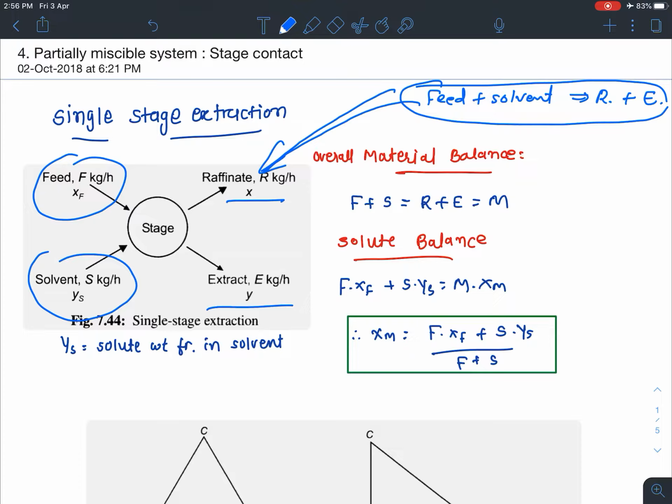So let's do the overall material balance, which is based on flow rate only. This is feed flow rate plus solvent flow rate. At the end of the operation we get raffinate flow rate and extract flow rate.